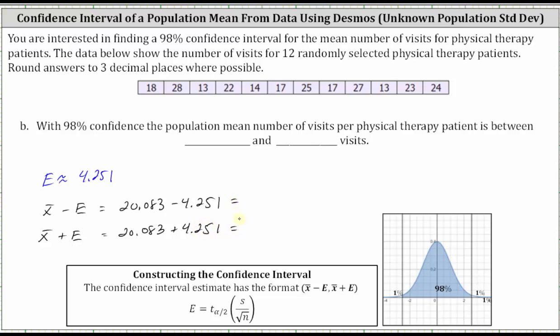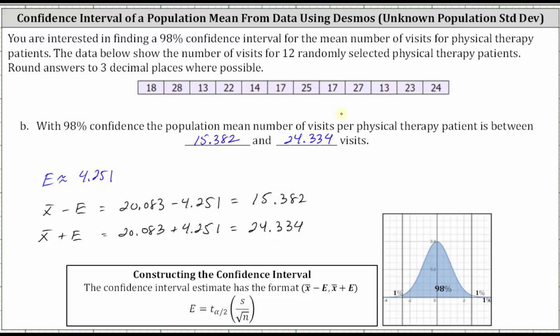To save some time, I've already calculated these. This comes out to 15.382 and 24.334. So for part B, with 98% confidence, the population mean number of visits per physical therapy patient is between, again, 15.382 and 24.334.